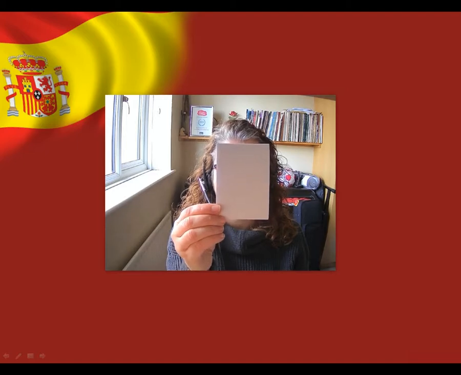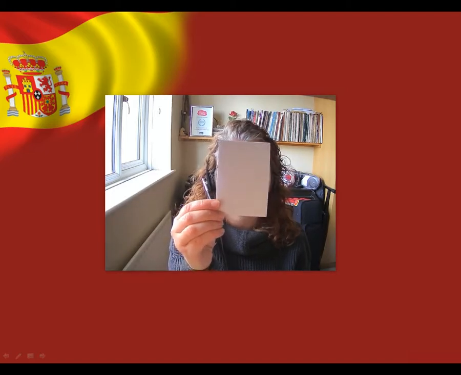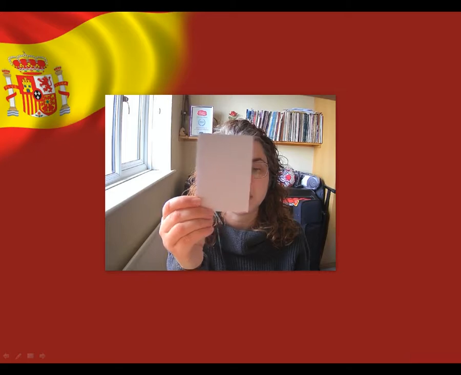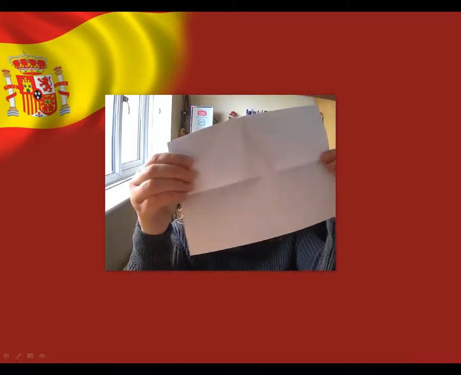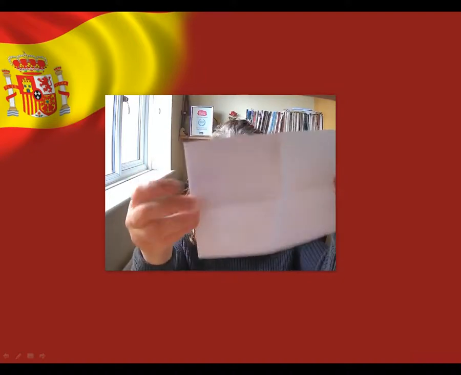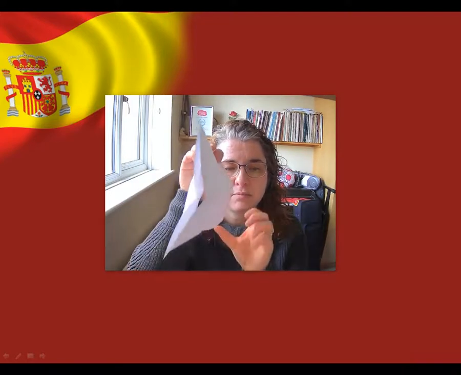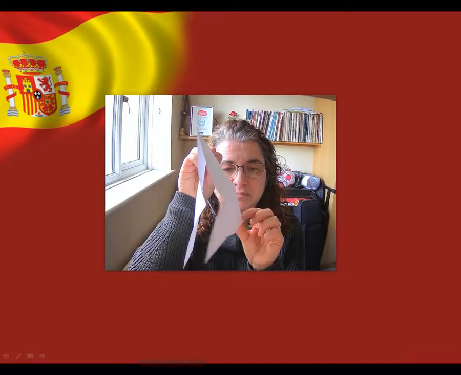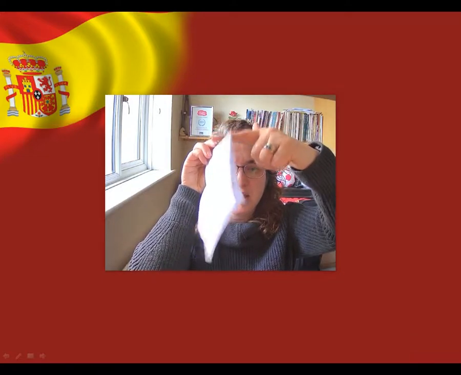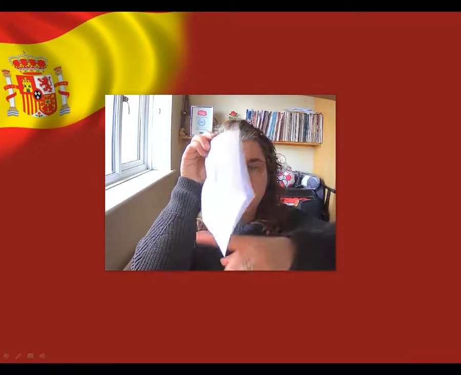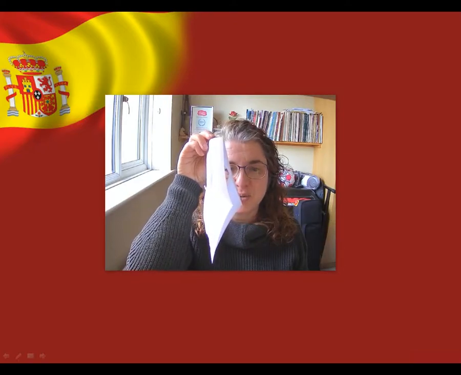Now, the book's not finished yet because we can't turn the pages. So we're going to unfold the last two folds that we made. One, two. Okay, we've unfolded the last two folds. Now, important bit coming up, we want to cut in the right place. You need to find where your fold is, make it look like a tent, because you're going to cut here, on top of the fold. If you cut there, it's not going to work.